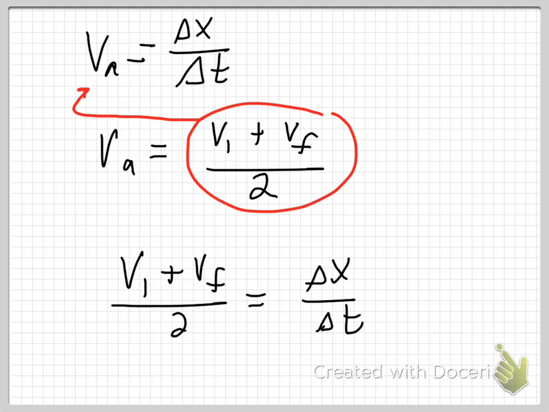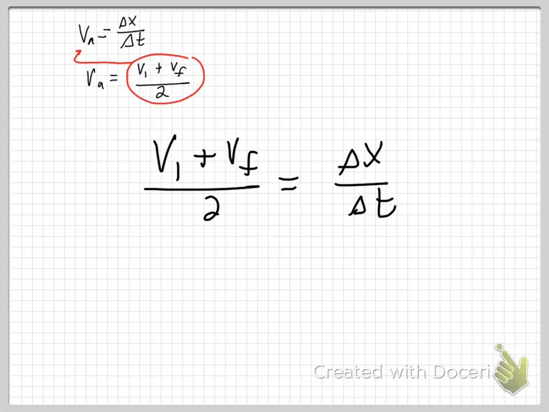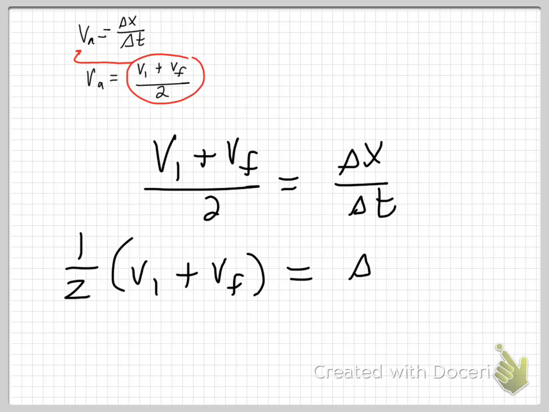We're going to do some algebraic magic. I'm going to do some Doseri magic here. Stick that up there. So we're going to factor out the 1/2. We get 1/2 quantity (VI + VF) = Δx/Δt.